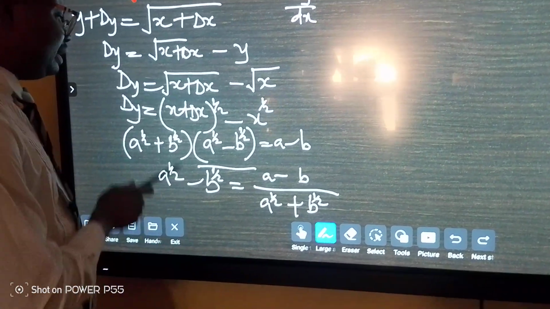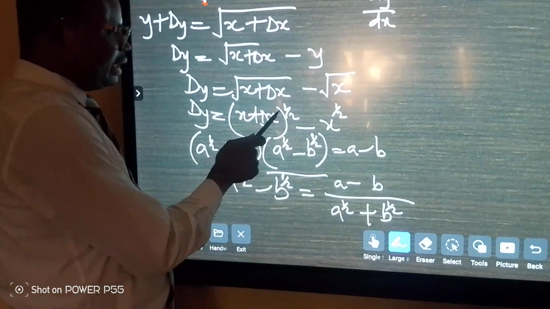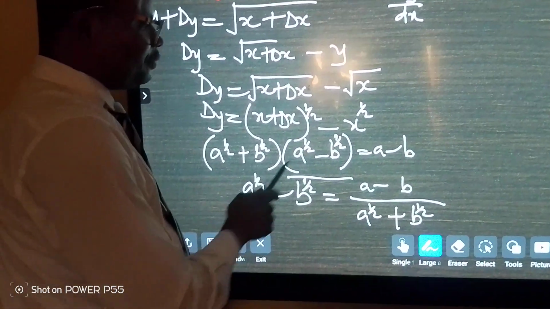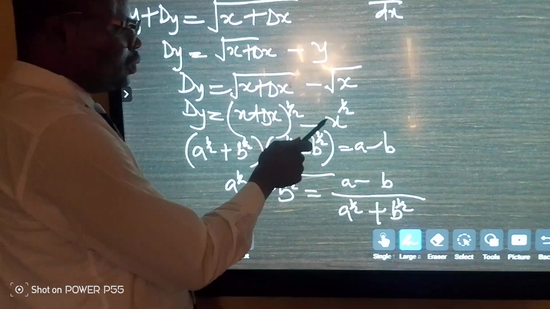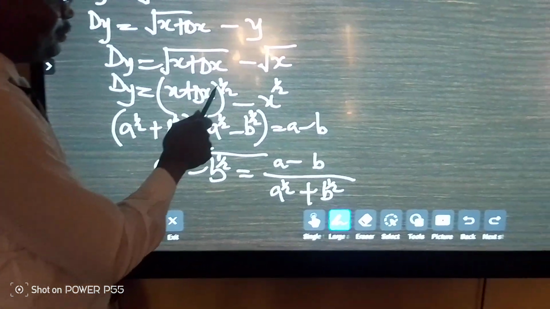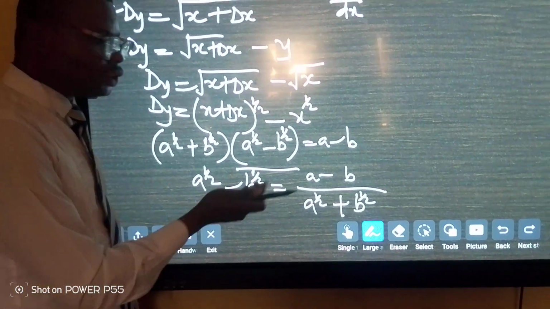Now the importance is that we can say let x plus dx raised to power half be a raised to power half, and then b equals x. So that is now going to be a raised to power half minus b raised to power half, which is going to give me this derivation.